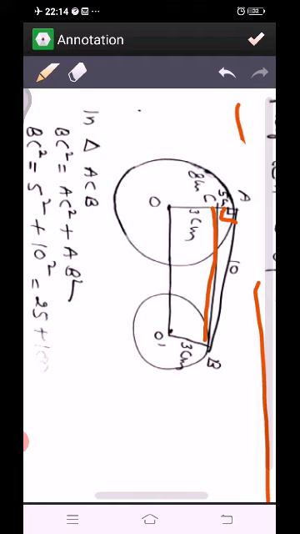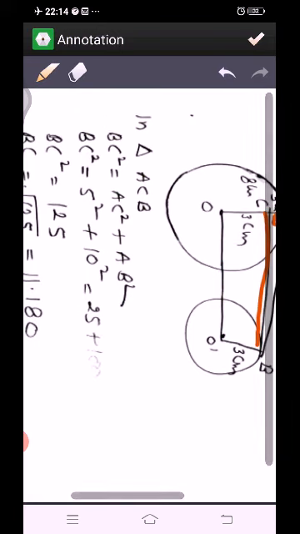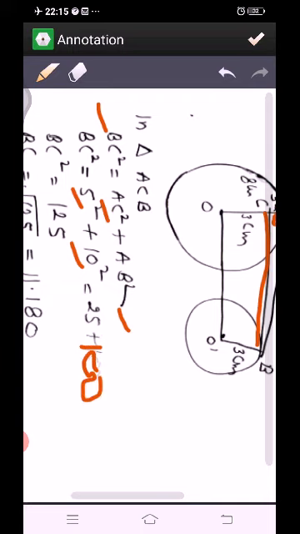Then AB will work as base and AC as perpendicular. So in this we will apply Pythagoras theorem, BC square equal to AC square plus AB square. So we get BC square 5 square plus AB square, that is 10 square, that means 25 plus 100. So BC square equal to 125.